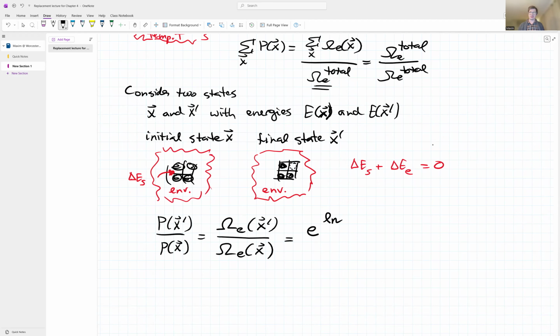These are inverses of each other, so we're allowed to do this because it's a positive, non-zero number. We can always take the log of it and exponentiate it, and that just cancels out. We do the same thing on the bottom. And now, hopefully you remember that when you divide two exponentials, that's the same as subtracting the exponents.